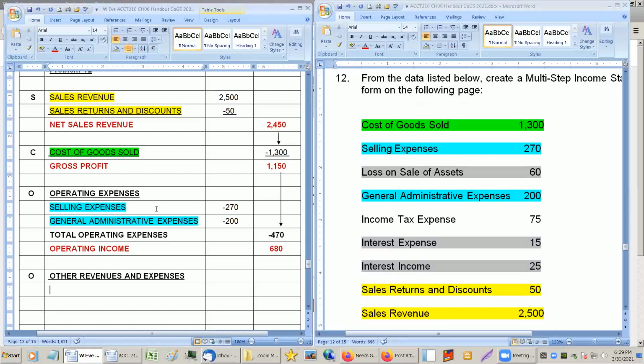So coming down here, we'll say loss on sale of assets. Negative 60. Interest expense is negative 15. And be careful on these because some of these can be plus, like this interest income is a plus.